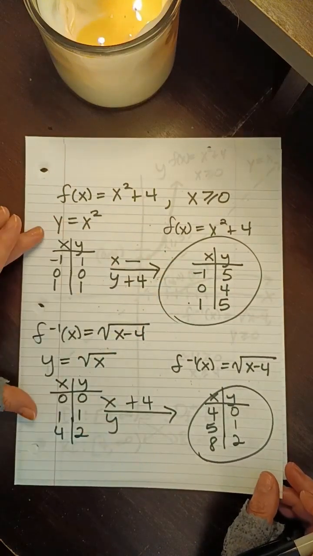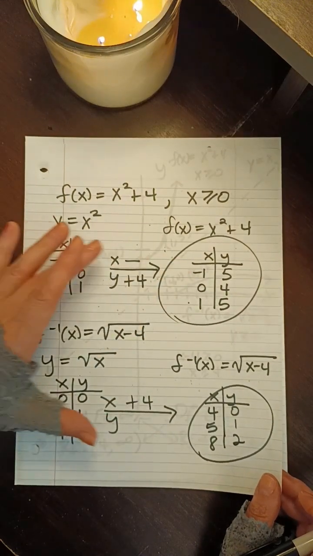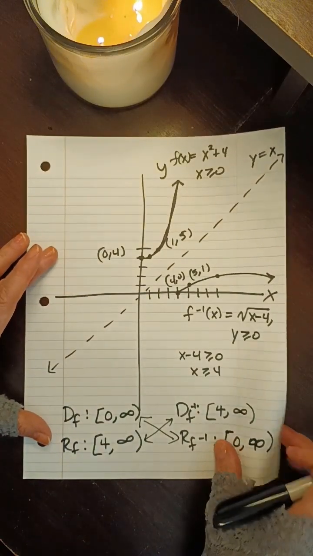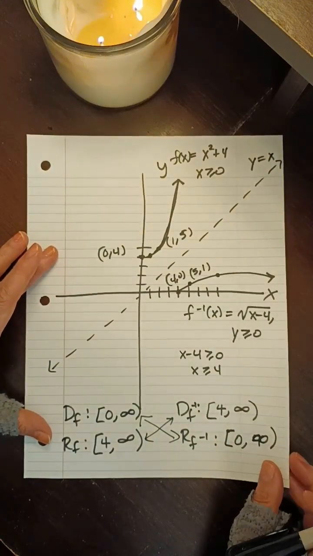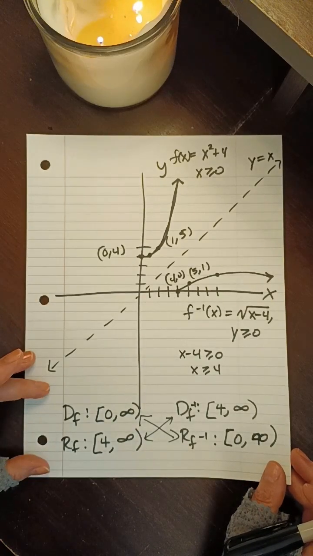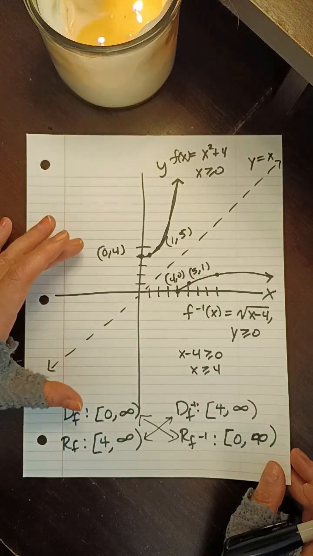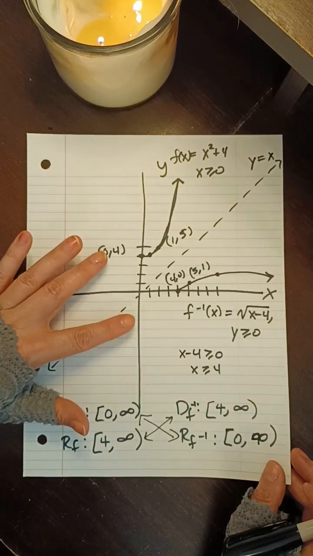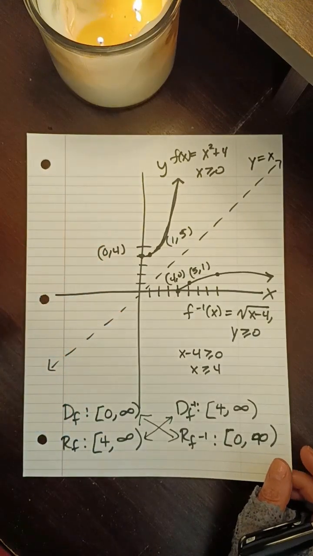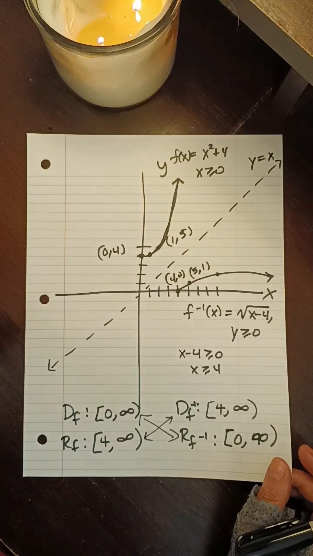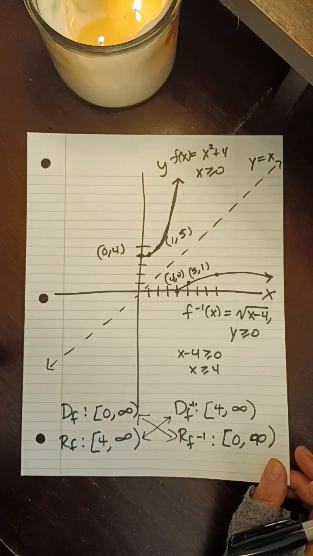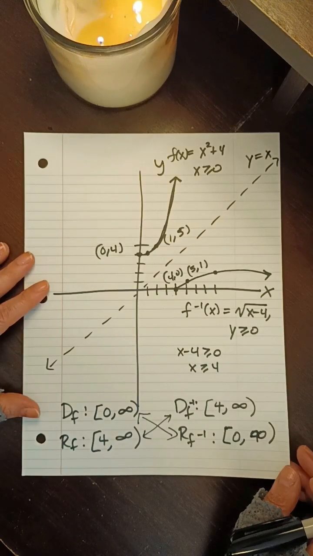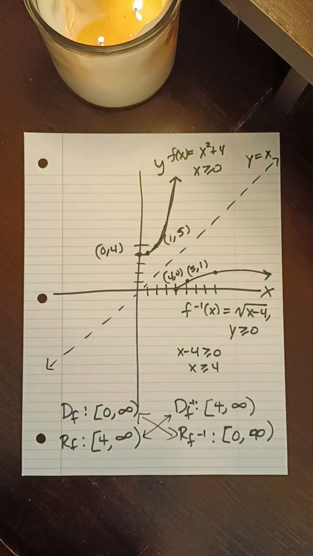We found both graphs using transformations. And then we drew both of these on our graphing paper, and we found the domain and ranges of each. And we saw how, by the points, they reflect about the line y equals x, and how they undo each other.